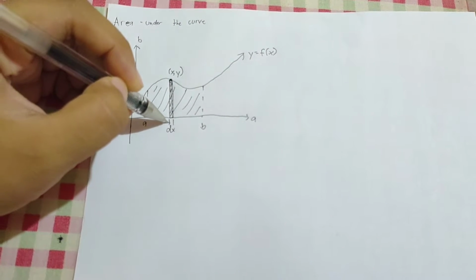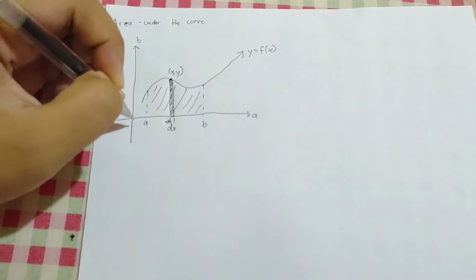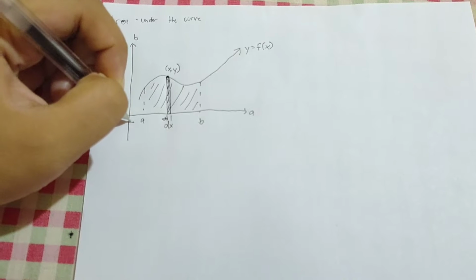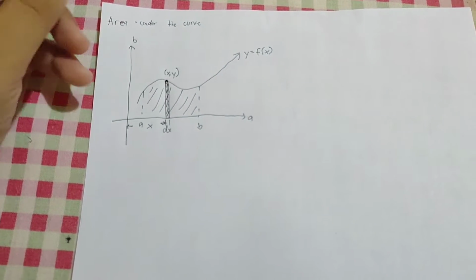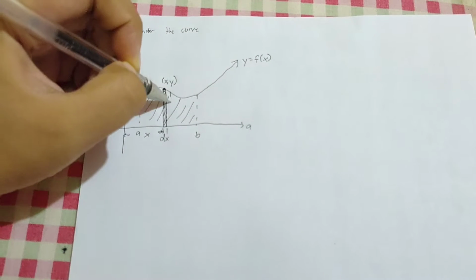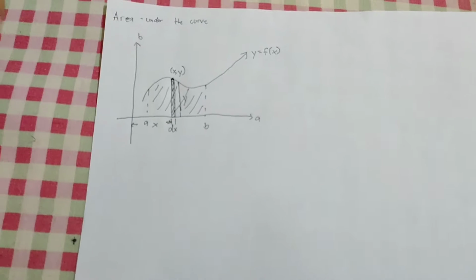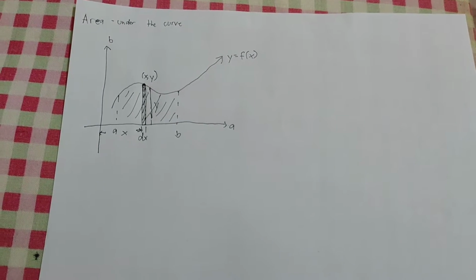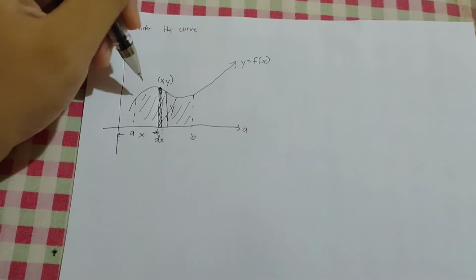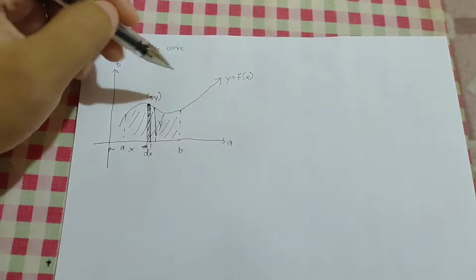The distance from here to the origin, which is here, will be our x, and then the height of this strip will be our y. That's it. That is the concept of area under the curve. So let us extract this vertical strip to here.